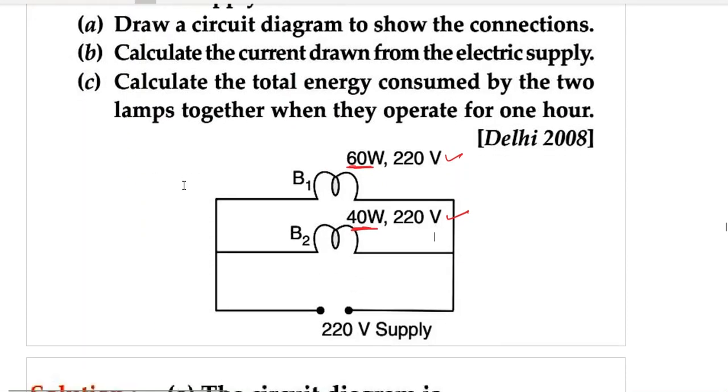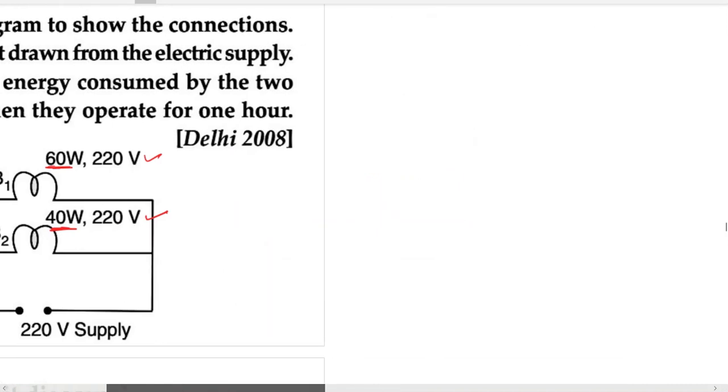So that is ready for you. Circuit diagram. Calculate the current drawn from the electric supply. Very nice question. For calculating the current drawn, we have to find the resistance of each bulb. Let us make some space and write it.